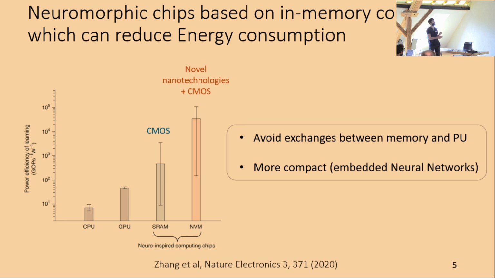And if we consider other nanotechnologies together with CMOS, you can even gain orders of magnitude in power efficiency. The advantage of novel technology is also that we can get more compact devices that will allow the embedding of neural networks in little chips, not like in a cloud, for example.